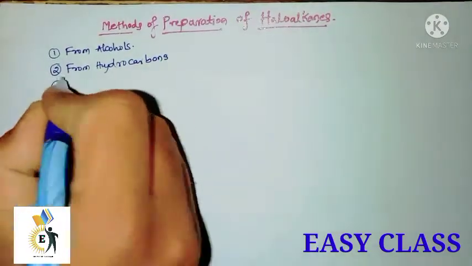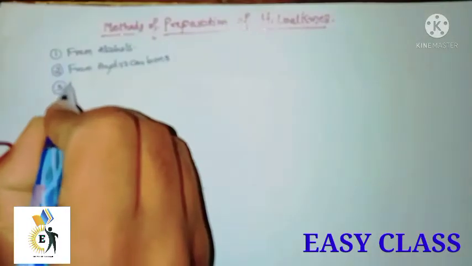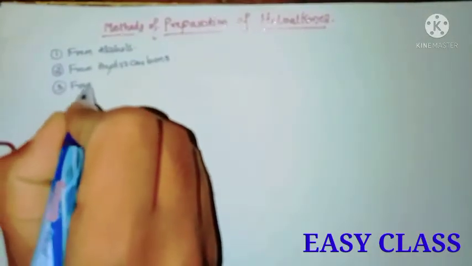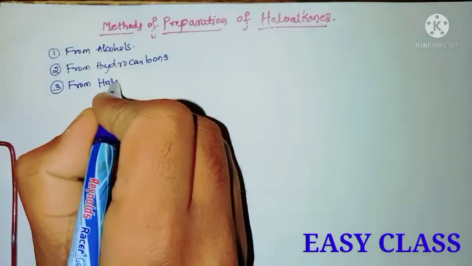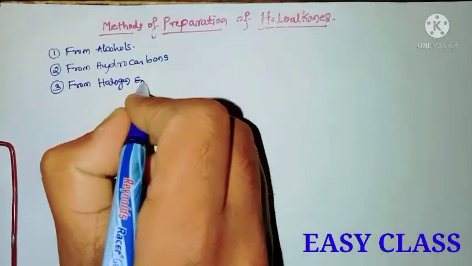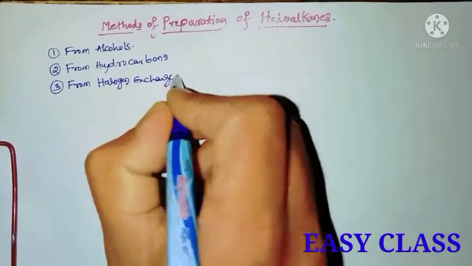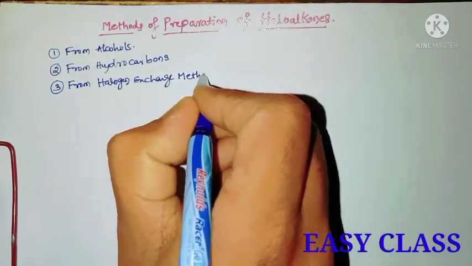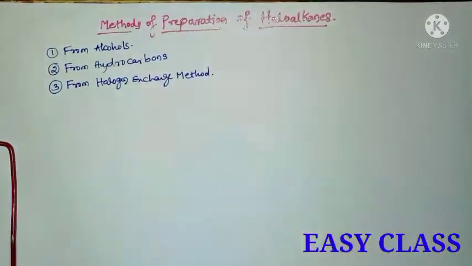And the third method is the halogen exchange method. From the halogen exchange method, we will get the haloalkane. These are the three important methods by which we will get the haloalkanes.